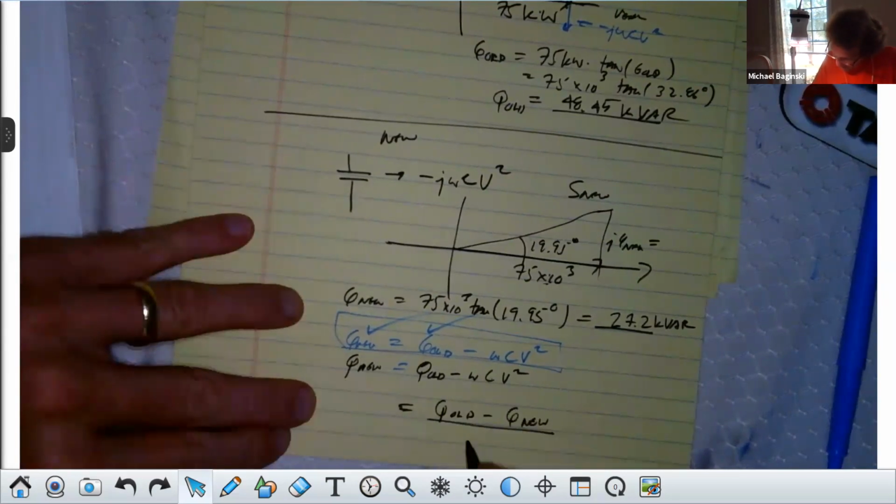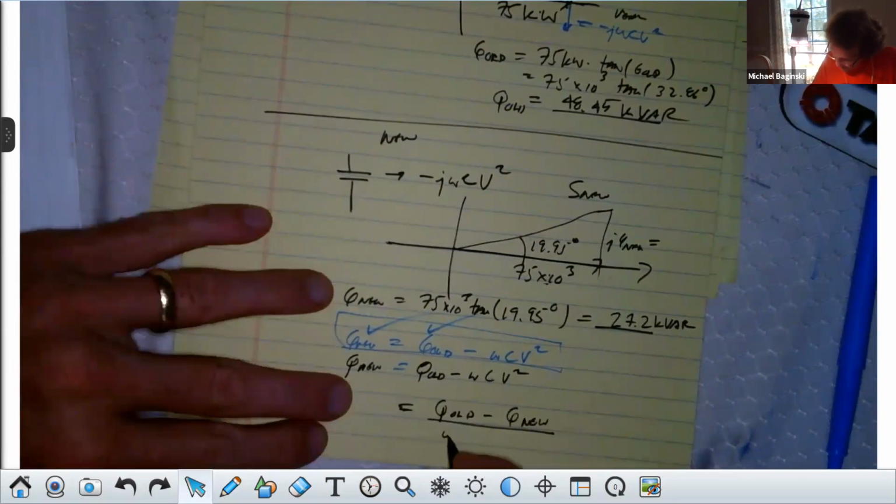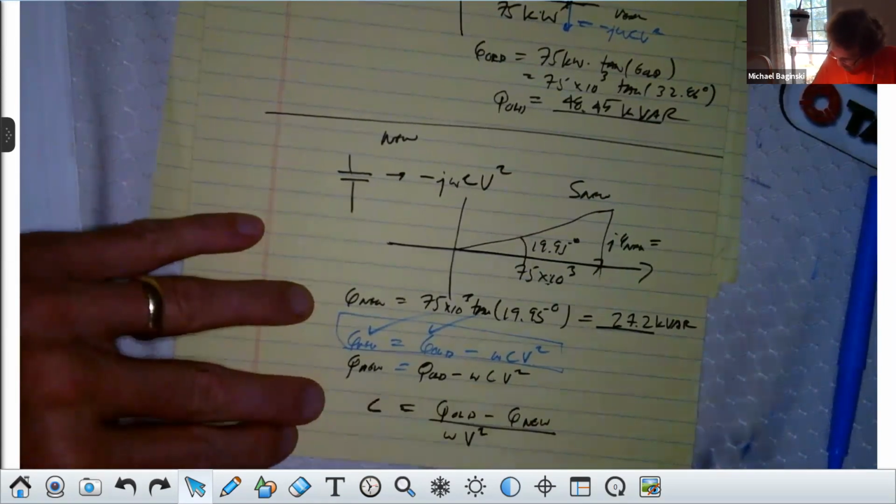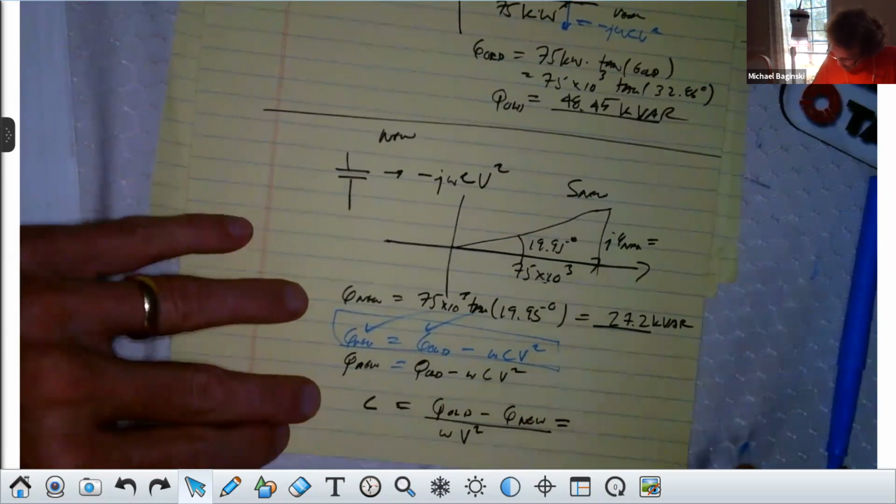And if I divide this by omega V squared, now I have C, right? Q new is 27.2, so it's 45.45 minus 27.2.